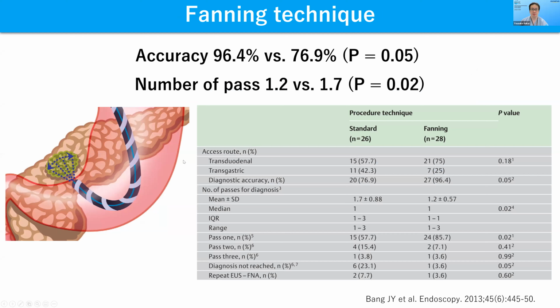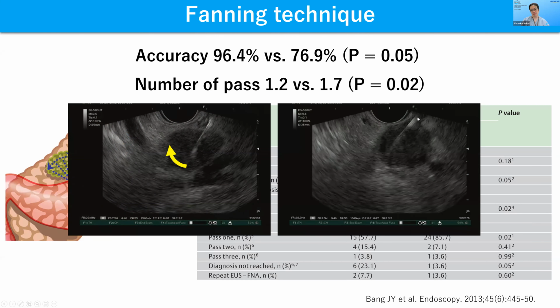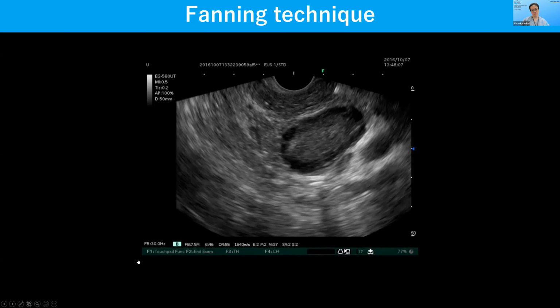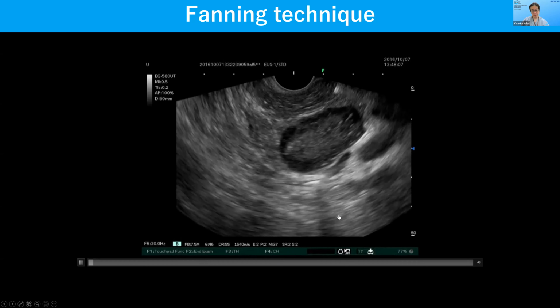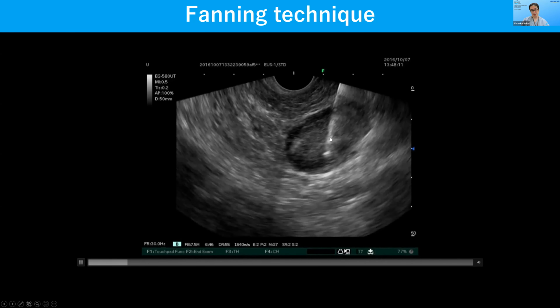And the fanning technique is also an important technique. You can move the needle within the lesion, like this case, puncture in the center first, and then change the needle angle like this. I will show you the short video. Puncture first, and then stroke in this area.